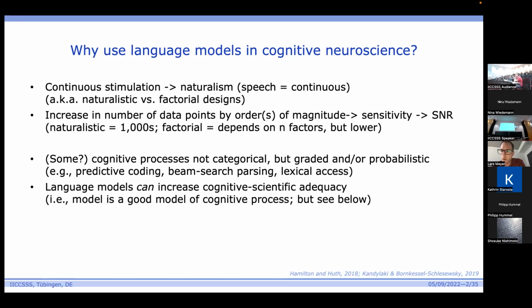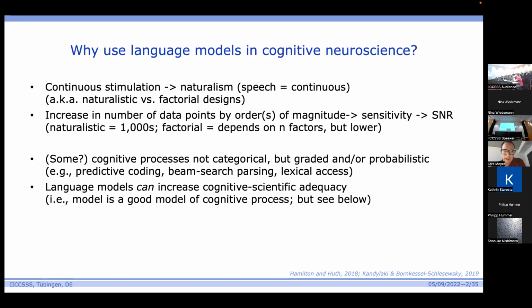It's not on, off, or word, not a word, or a well-formed sentence, not a well-formed sentence, but rather a graded thing. And a language model has the big advantage that it captures that. You don't need binary annotations or design matrices in order to model the data when you have naturalistic designs and language models.